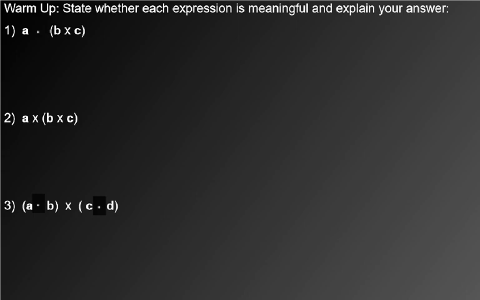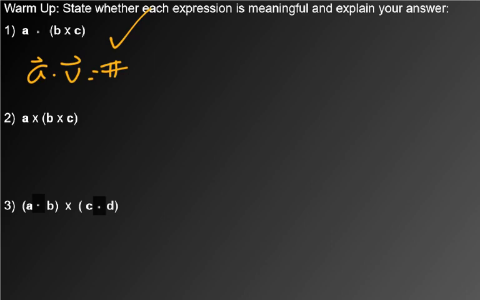So if you have something like A dot B cross C, then that's okay. That's going to be fine because it's basically A dotted with some other vector, which is just some number, a scalar, which is fine. There's nothing wrong about that.